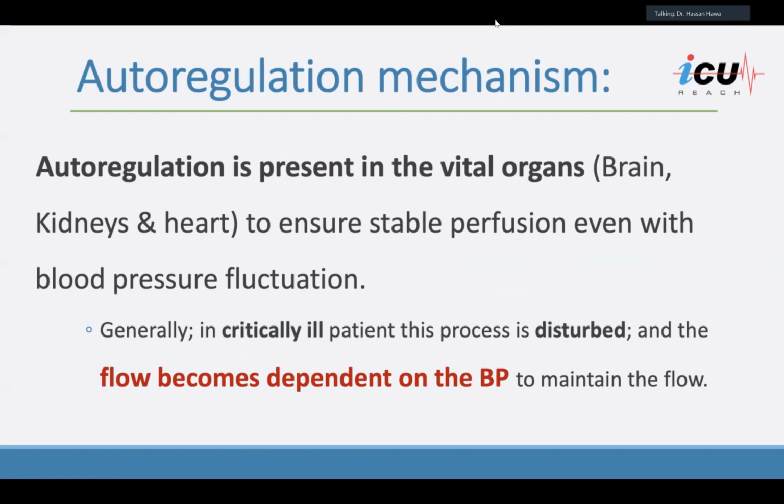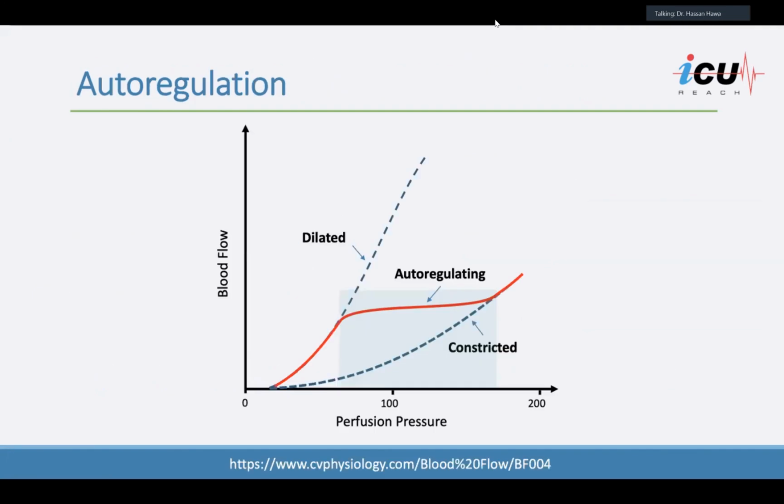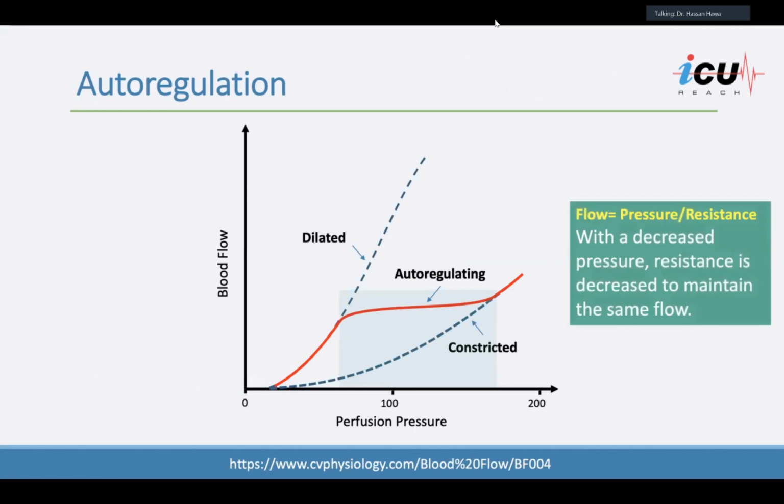Unfortunately, in critically ill patients, this process is quite disturbed, and the flow to these organs becomes dependent on the blood pressure, and that's why we try to keep the blood pressure at an adequate level, because we have no other means of assessing the flow, as the autoregulation process has been significantly disturbed.